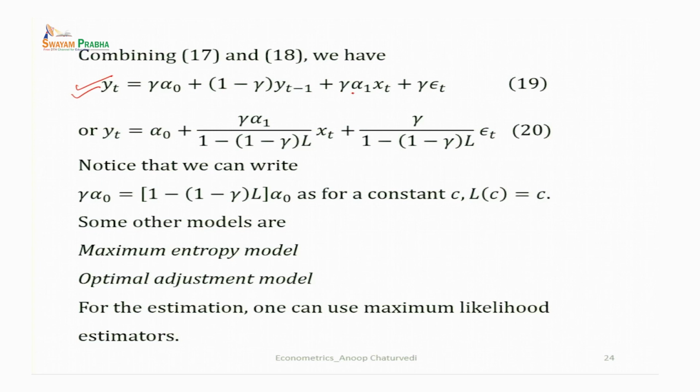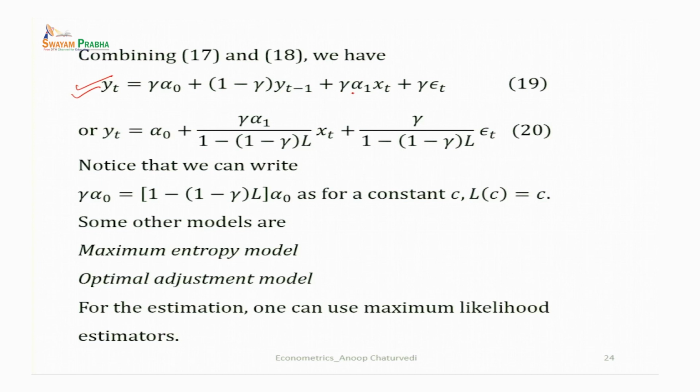Further, we divide by (1 minus gamma L) on both sides, so that we obtain y_t equal to alpha naught plus gamma alpha 1 upon (1 minus gamma L) x_t plus gamma upon (1 minus gamma L) epsilon_t.